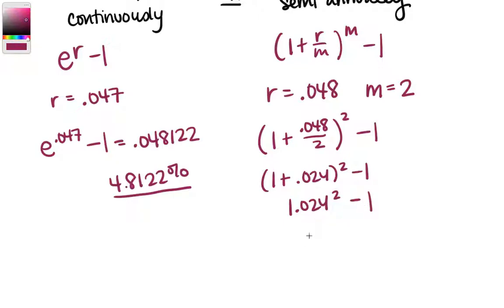And that comes out to be 0.048576, or 4.8576%. Our original question was which one's higher?